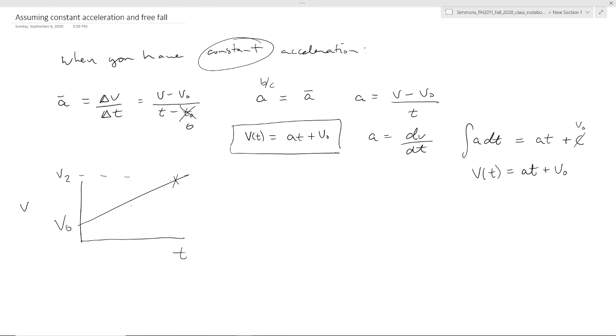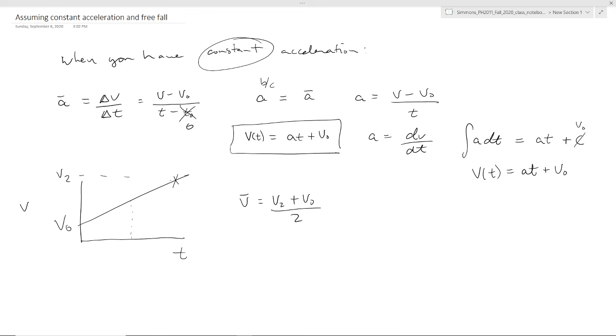notice that the average, when the acceleration is constant, will just be the average of the two. So this is another expression that we'll use occasionally when solving problems, this relationship. Notice that this isn't the case if the acceleration isn't constant.